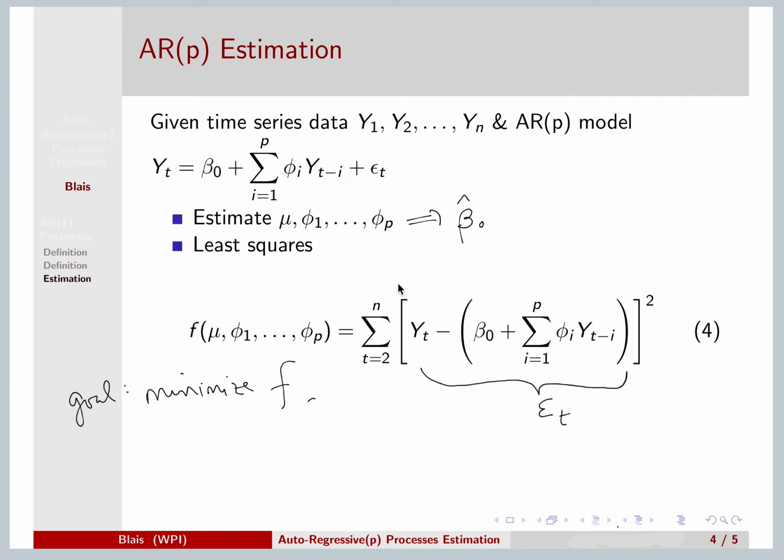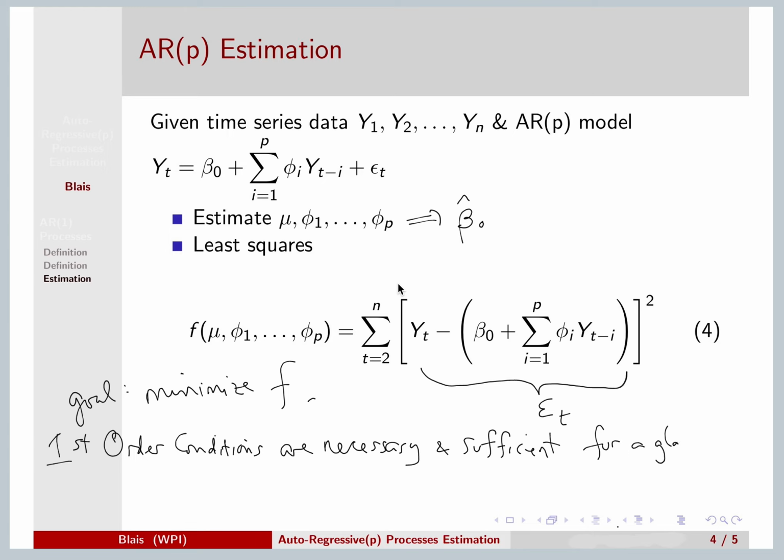Since it's a least squares problem, it turns out that f is a convex function, which means the first order conditions for a minimizer are both necessary and sufficient for a global minimizer.